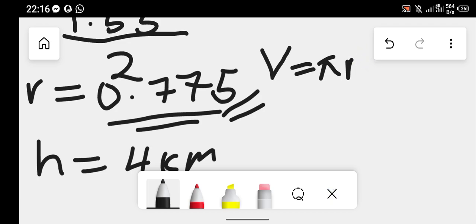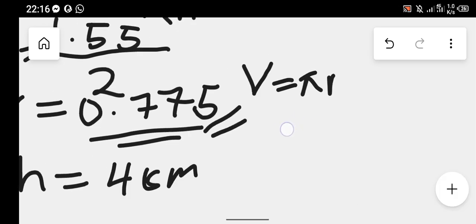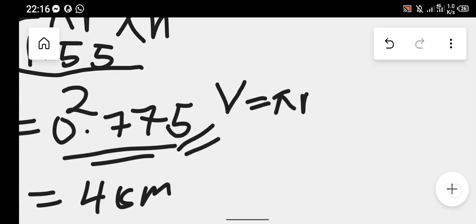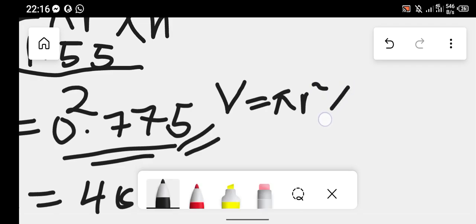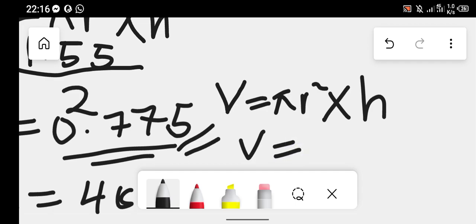Let me just move this a bit here, create some space. So you have this, right, times what? Times h. So you can say volume. Our pi in the question we are told that is supposed to be 22 over 7.